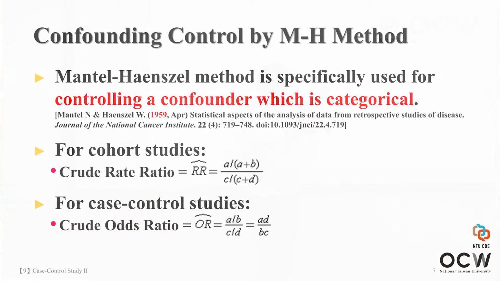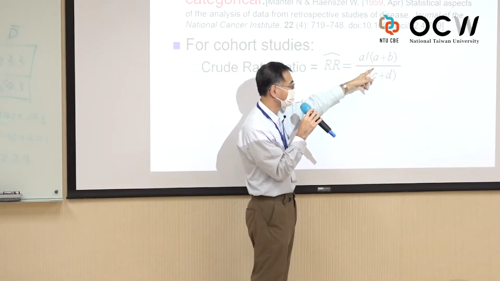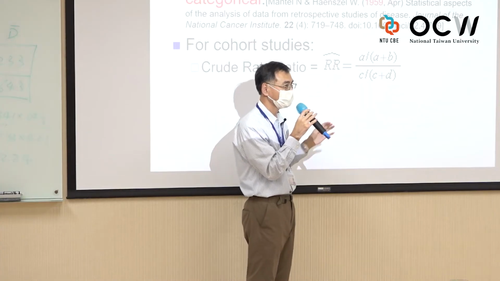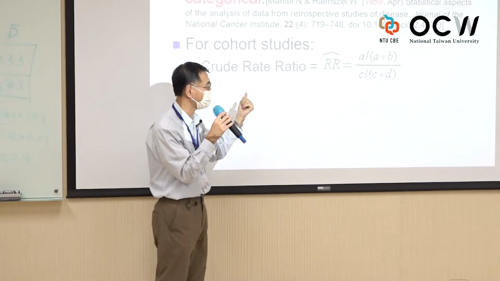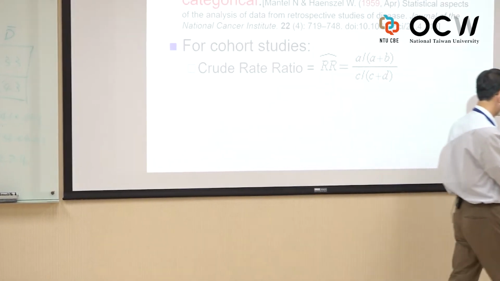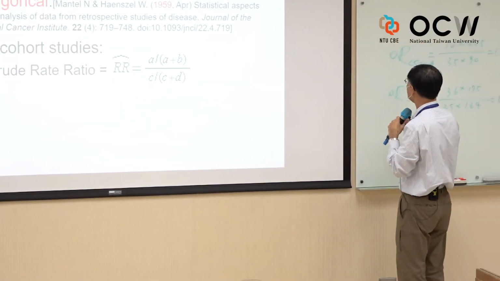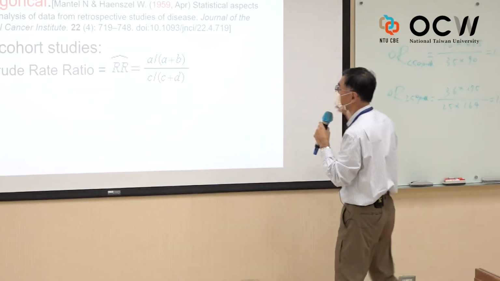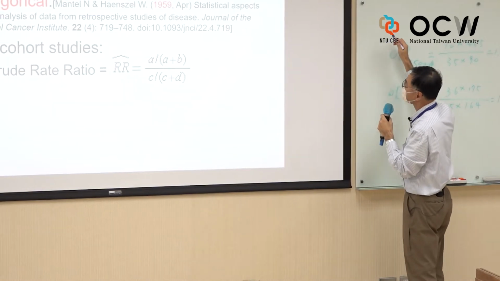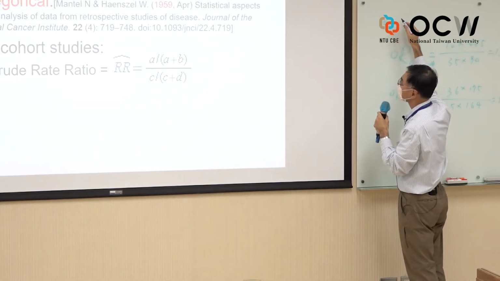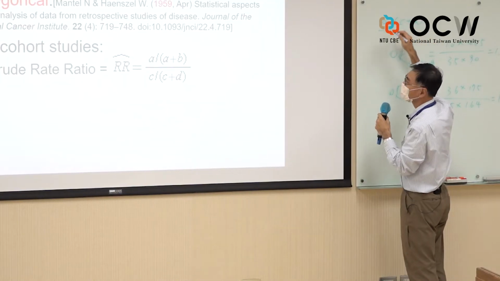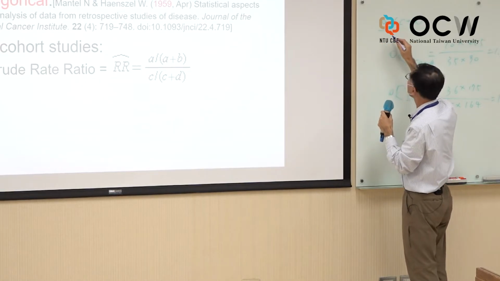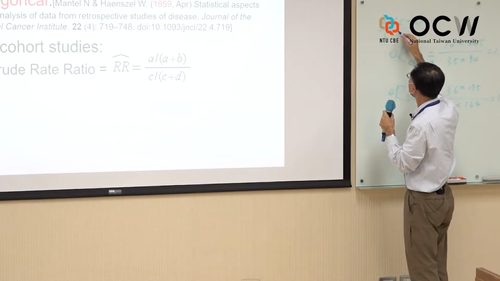For cohort study, the risk or the rate of the exposed group divided by the rate of the non-exposed group. So that's the relative risk, or the influence from the exposure, right? And this could be rearranged like this: A times (C plus D) divided by C times (A plus B).